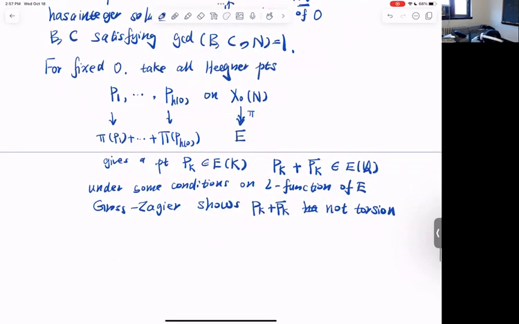Thus, we know that they generate an infinite subgroup of E(Q). So this means that the rank is at least 1.